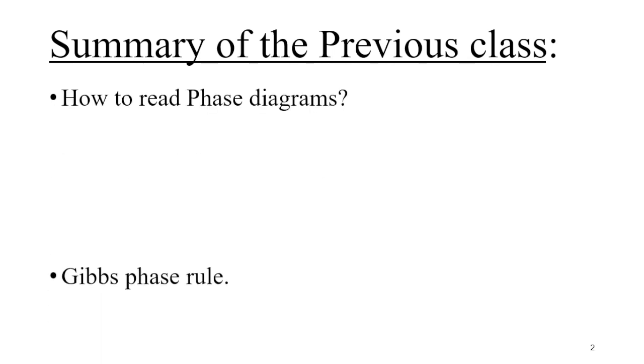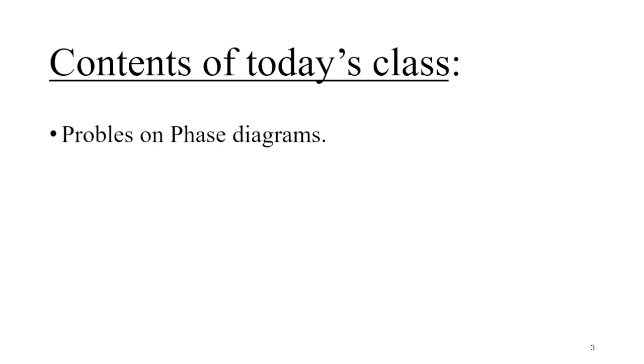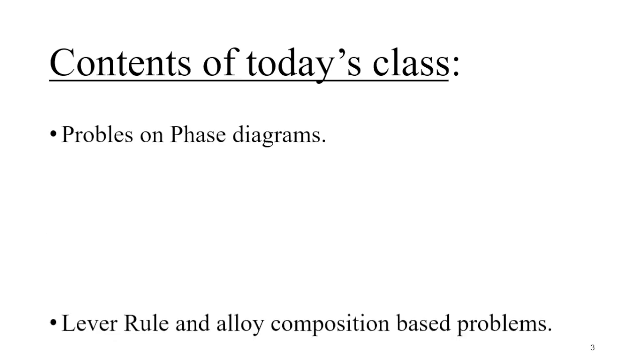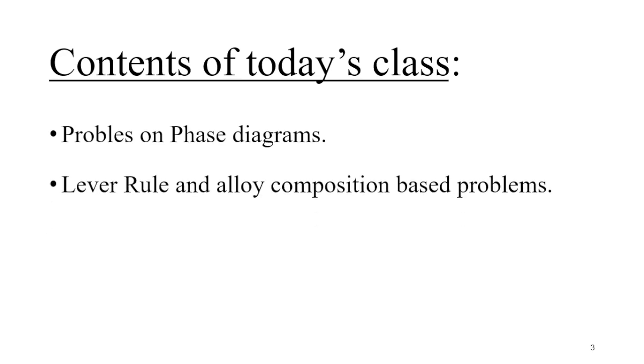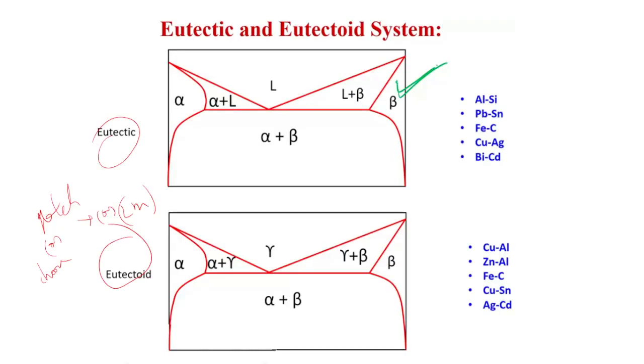So now we will see some problems in phase diagrams, then lever rule and alloy composition based problems, and again just a summary of what possible questions can come from the iron carbon diagram. First, the eutectic and eutectoid systems.